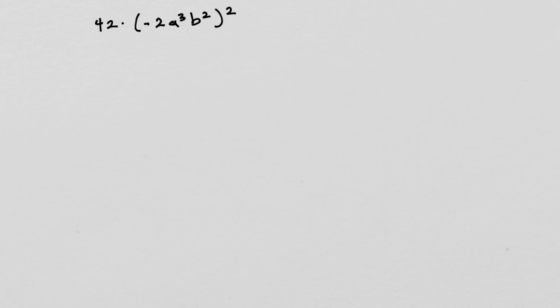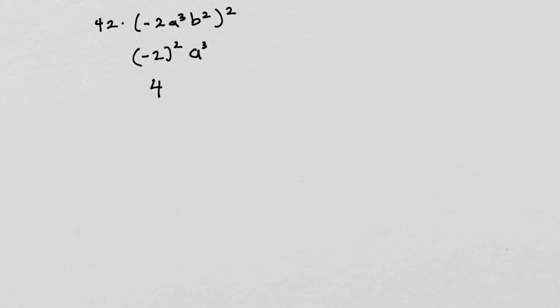Question 42. For this question, we are finding negative 2a cubed b squared, all squared. We will first square the coefficient negative 2. Negative 2 squared is 4. Next, we will multiply the exponent of each of the letters by the 2 here.